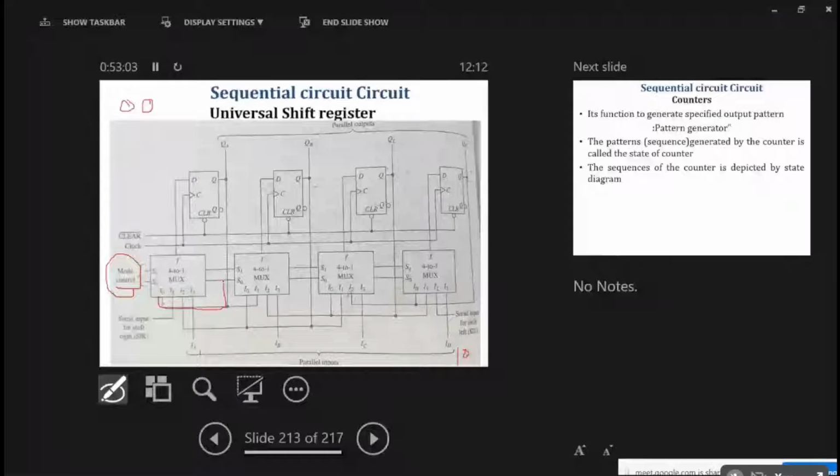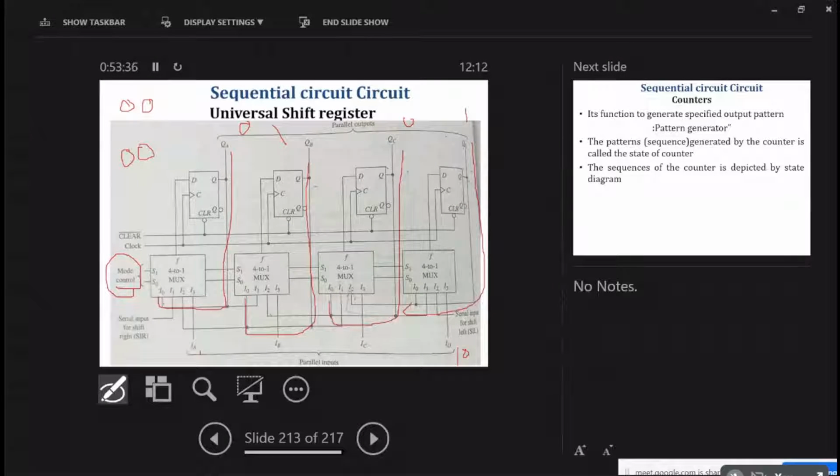This I0 is connected with QA, this with QB, and so on. Whenever 00 is set, we get this S0 S1 value as 00, whatever is the initial condition 0 1 0 1.